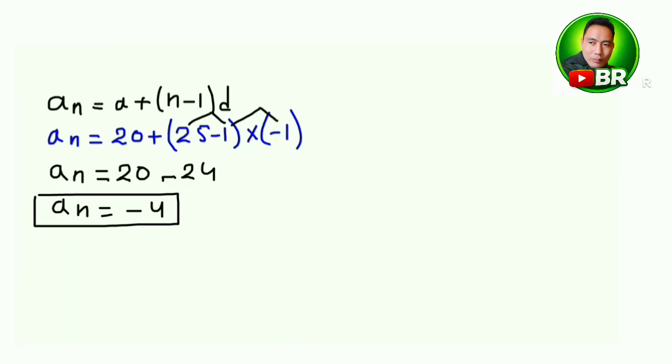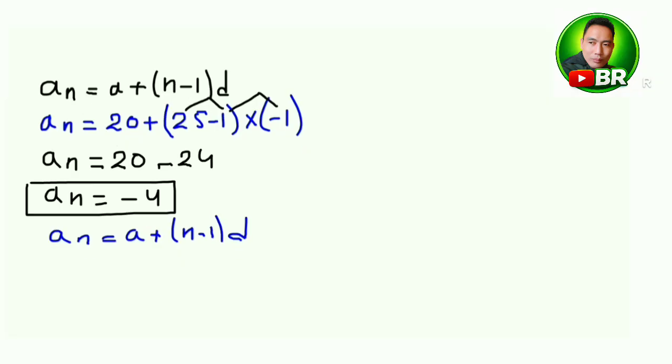By using the same formula, an equal to a, the first term 20, plus n minus 1 into d, where the value of n is 16 and the common difference is minus 1.